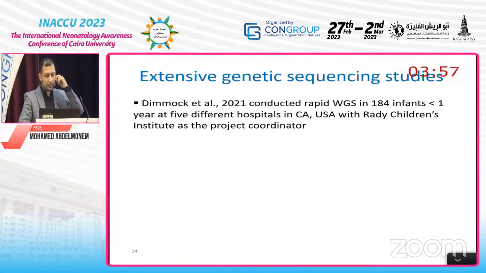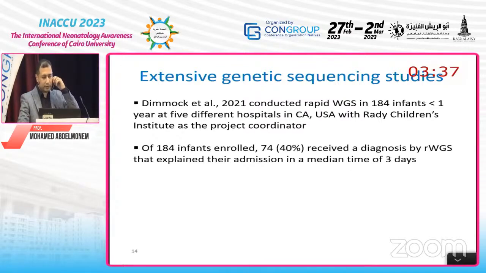Another study by Dimmock et al. 2021 conducted rapid whole genome sequencing in 184 infants, less than 1 year, at 5 different hospitals in California, USA, with the same hospital responsible for the previous study, Rady Children's Institute, as the project coordinator.